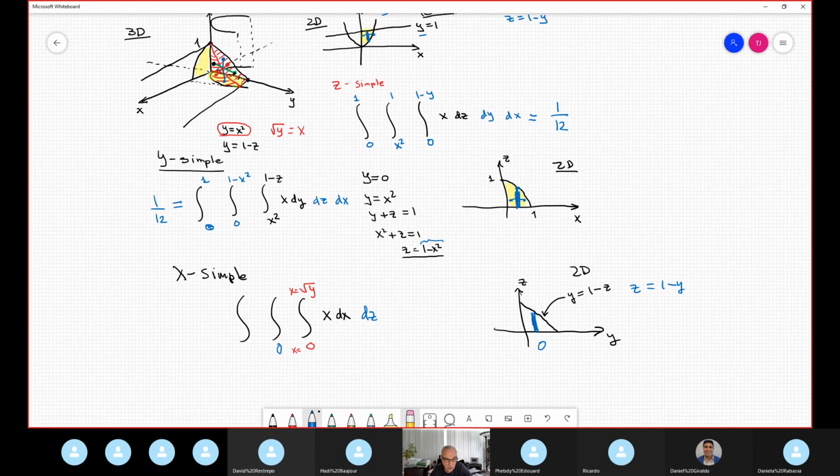From 0 to 1 minus y. Okay, finally extending this in both directions, dy from 0 to 1. And we get exactly the same answer.